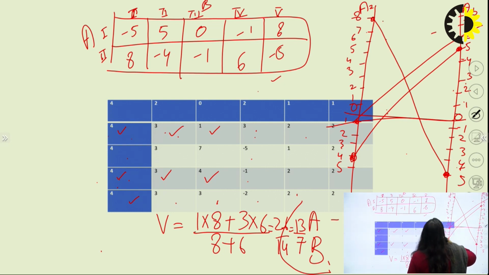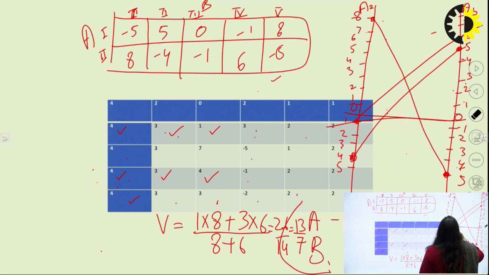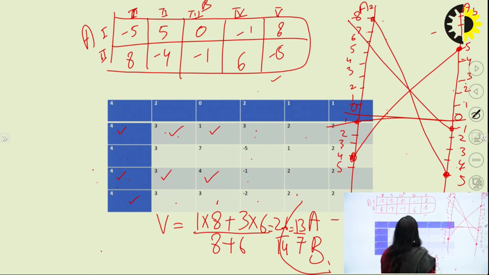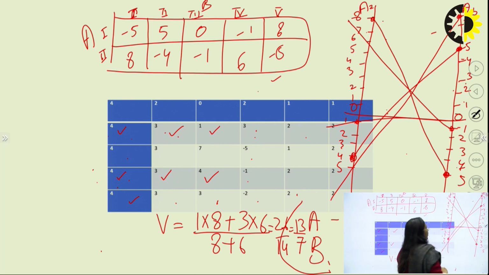Okay, sorry, that got reversed. This will be minus 1 and 6. Let me rub this. Minus 1 and 6. Okay, 8 and minus 5. This is 8 and this is minus 5. Now we have plotted all the lines.